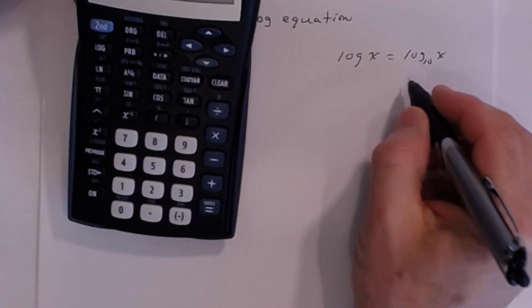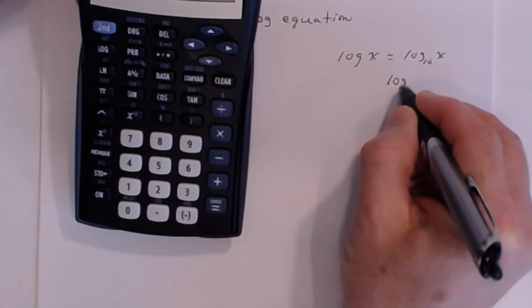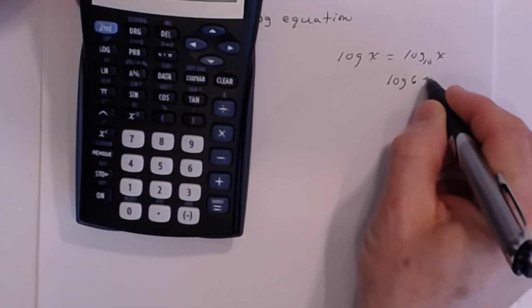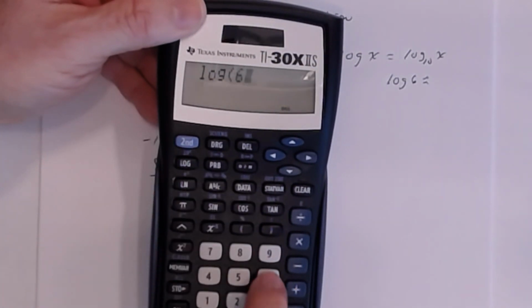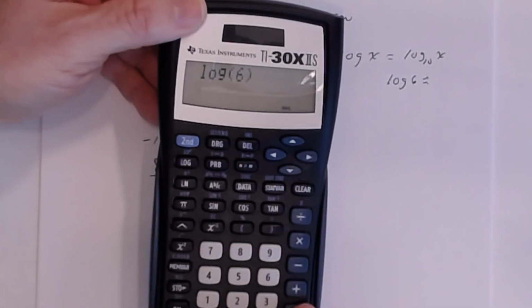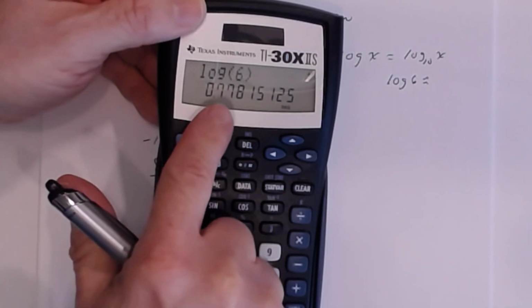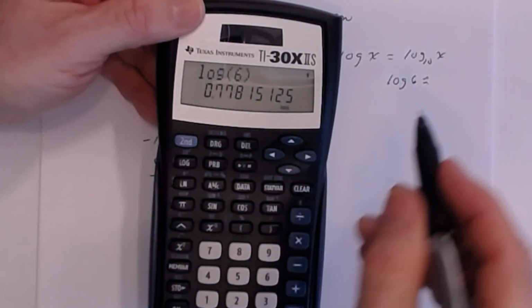So I want you to see something. If I take the log of 6 and approximate this using my calculator, so I'm going to say log of 6, parentheses, press equal. That's about 0.7782, right?